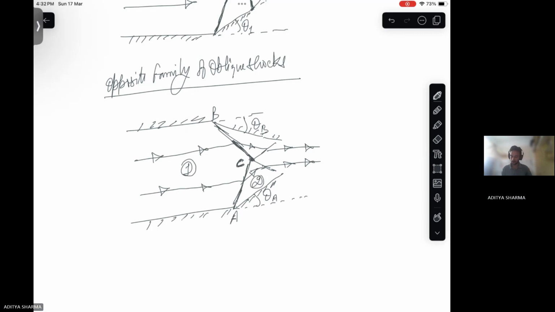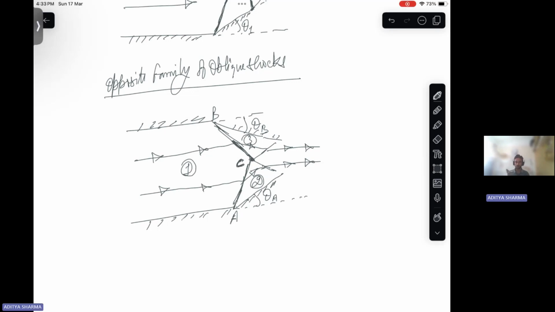So say if theta A and theta B have different values, even then across this oblique shock, when the flow moves through both these oblique shocks, it has to move in one direction only, right?